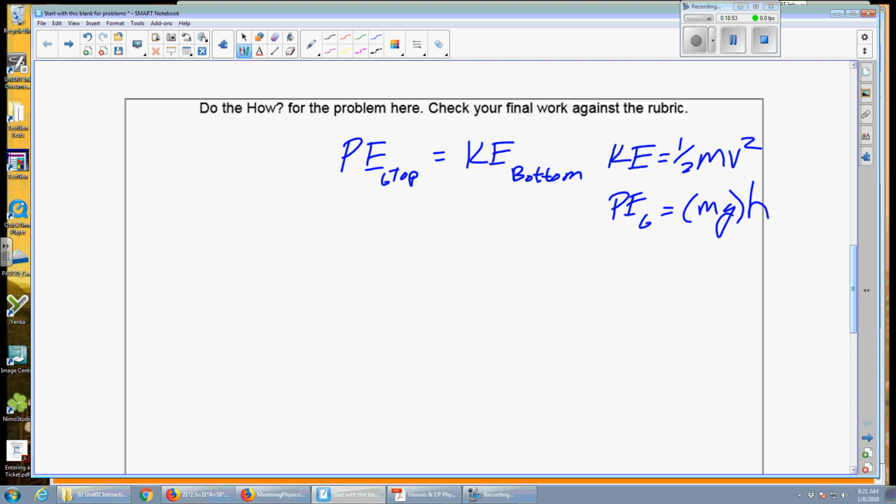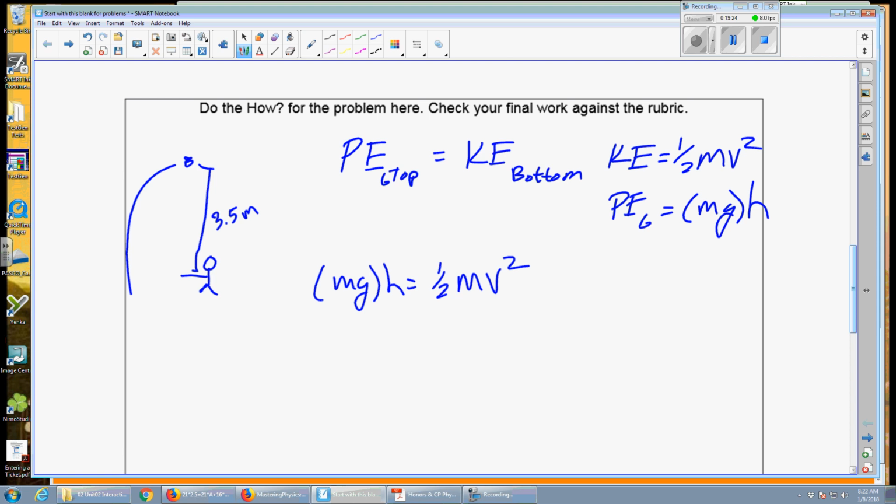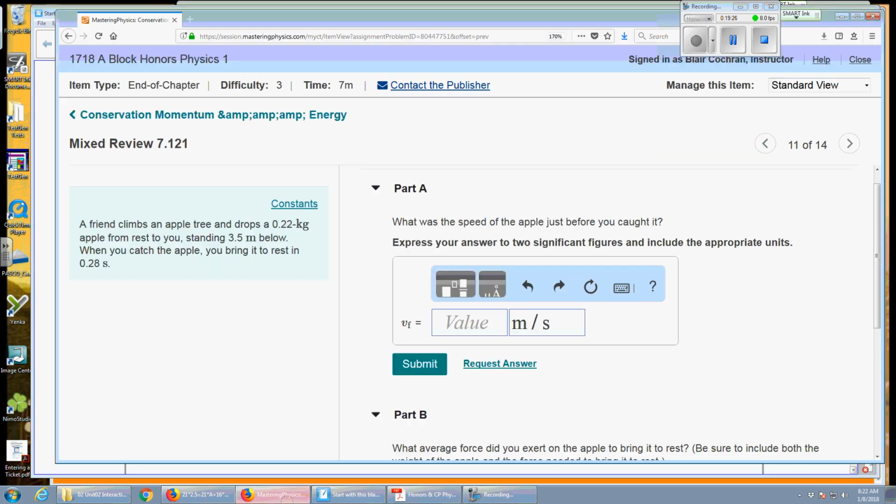Right? I might even draw myself a little diagram over here. All right. And then I substitute in. And let's see, what information do they tell me? 0.22 kilogram apple.